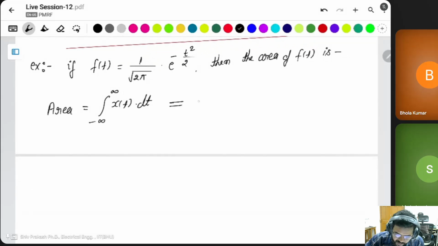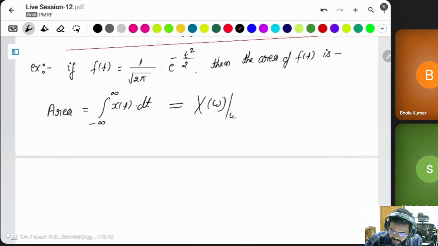This will be equal to X(omega) at omega is equal to 0, and this is the same as k into root of pi by a. You have to decide what is the k and what is the a for this question.